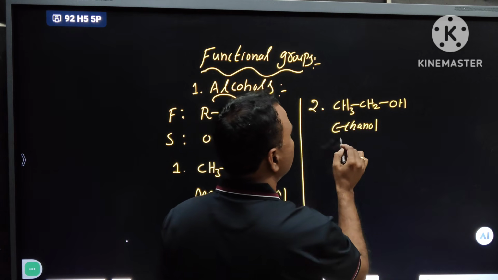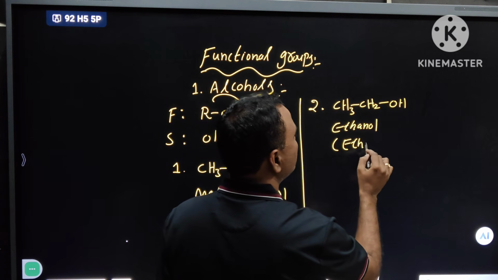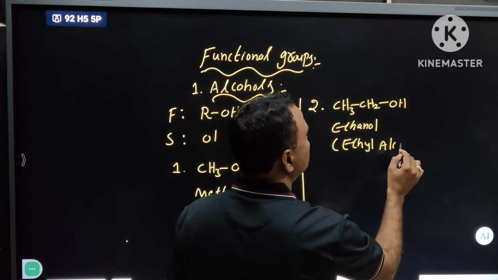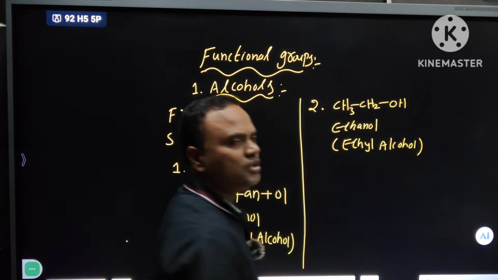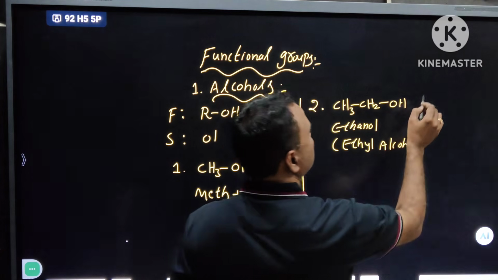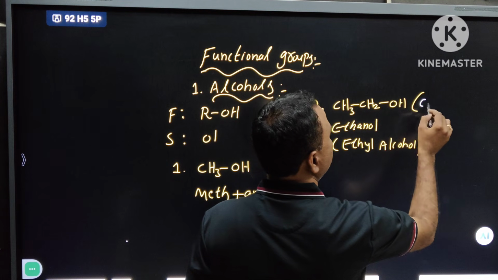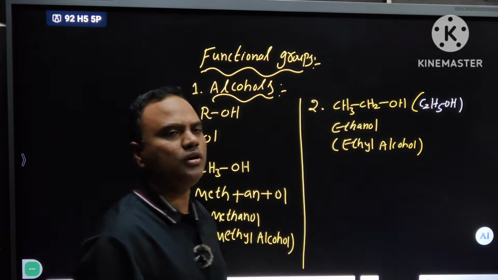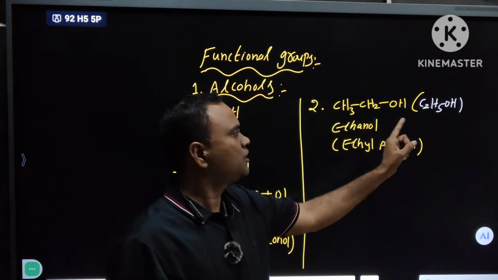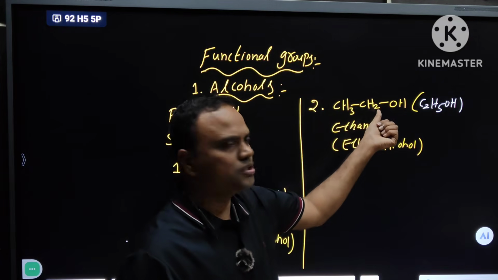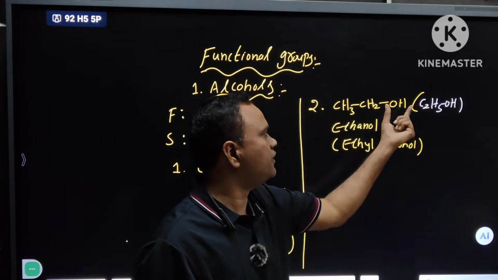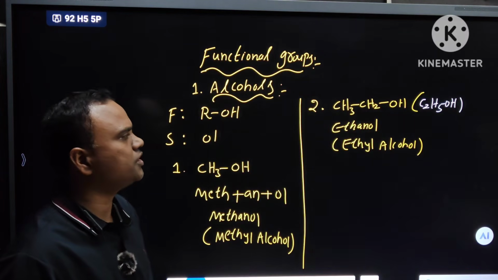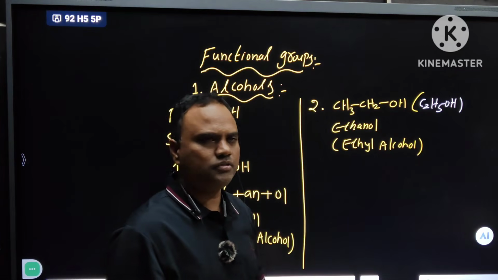Ethanol, or we can call it ethyl alcohol. And you can write its formula like this: C2H5OH. 2 carbons, and here 3 and here 2 make 5 hydrogens, H5, and the OH group. Ethyl alcohol, C2H5OH. Clear? Right.